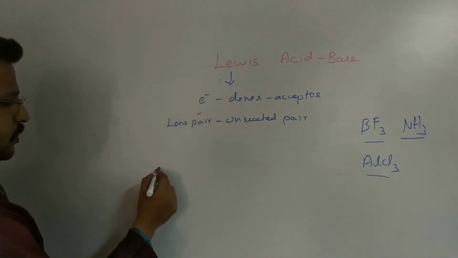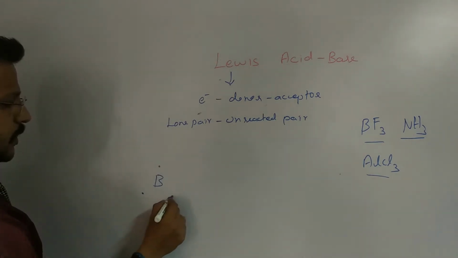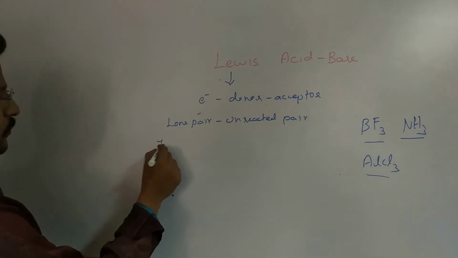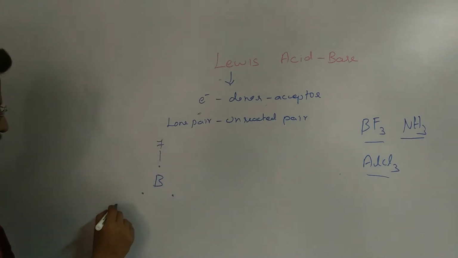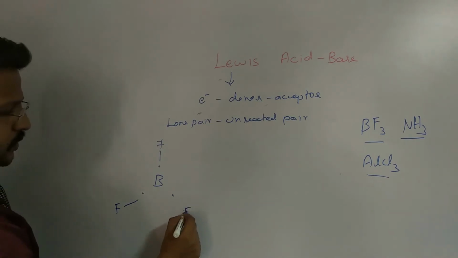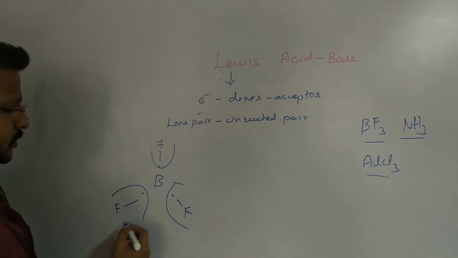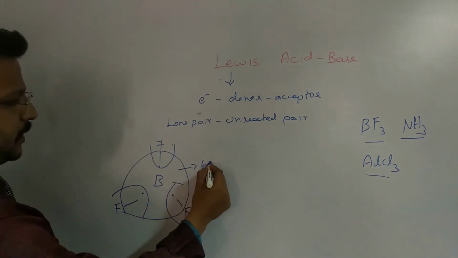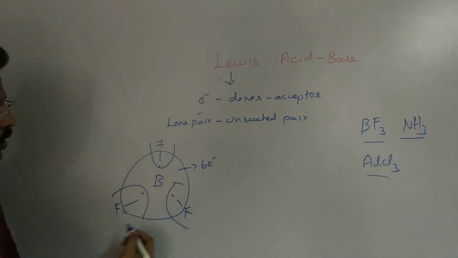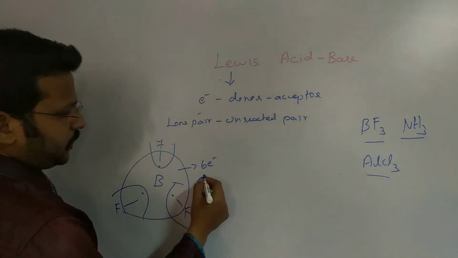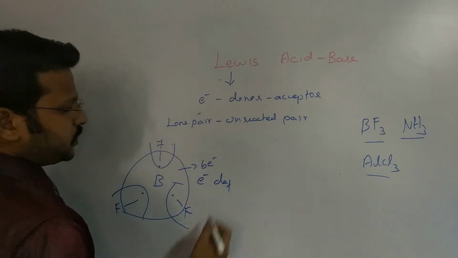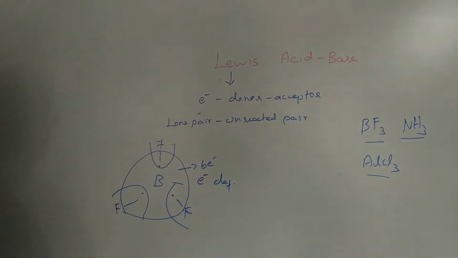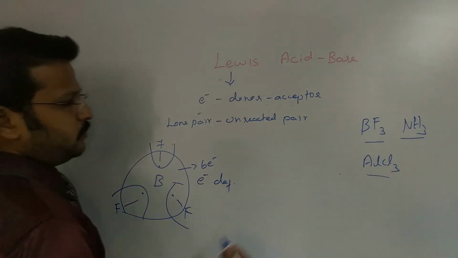Boron has 3 electrons in the outermost orbit, so with fluorine it will form bonds like this. According to the Lewis concept, we have 6 electrons here, so this boron is an electron deficient compound. This electron deficient compound will accept electrons for its stability from electron donors.